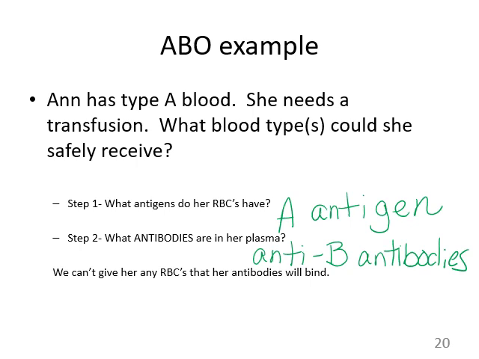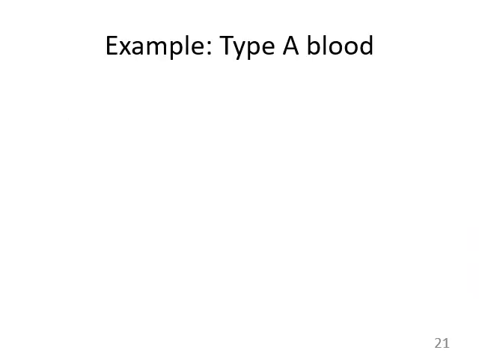So we cannot give her any blood with a B in it, because if we give her the B antigen, her antibodies are going to cause it to clump. Very dangerous to her. Okay, so here she is again. She's got the anti-B antibodies. So you take a moment, answer the question, and tell me which blood types can we give her?